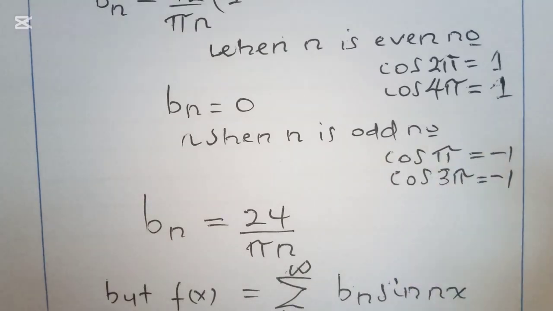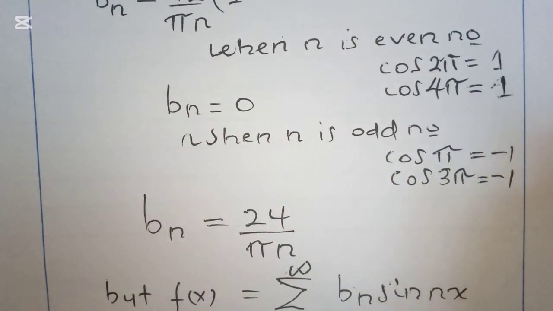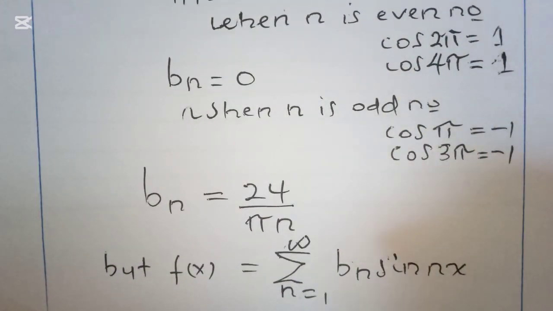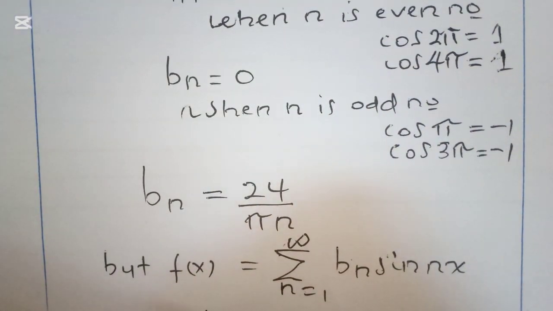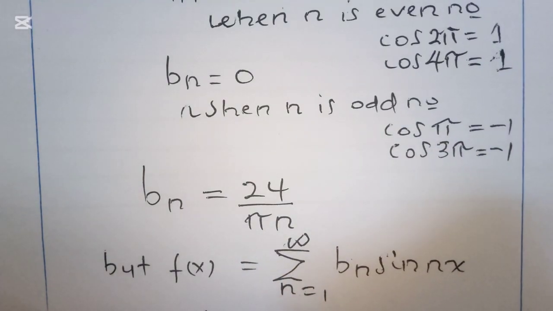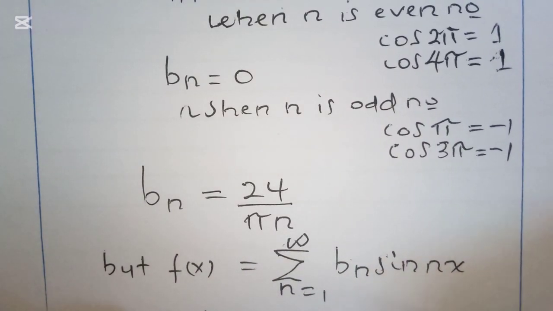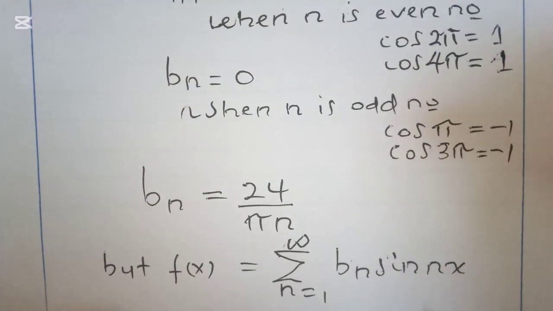And this one, remember, it's only for odd functions, so we have to take care of that. So this one is now, we can say, for odd numbers, that is for n, only for odd numbers, guys.